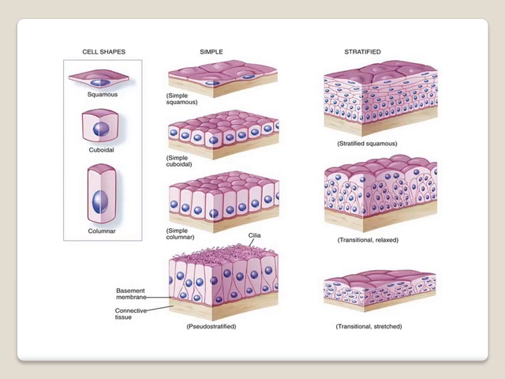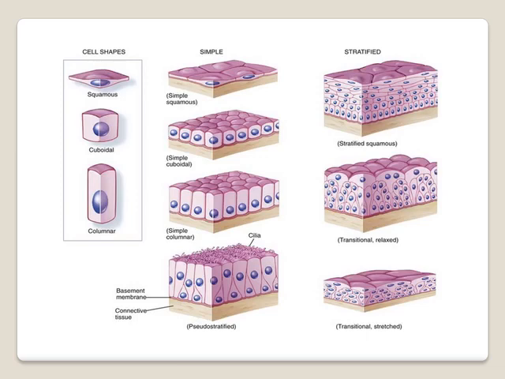There's also a picture here of pseudostratified, this one right here. Pseudostratified, just like the name means, it looks like it's stratified, but it's not really. The nuclei of those cells are at different levels, so it looks like there's more than one layer, but there's not really.